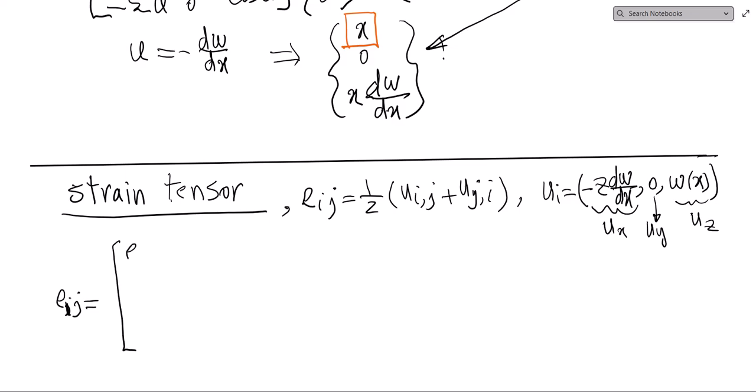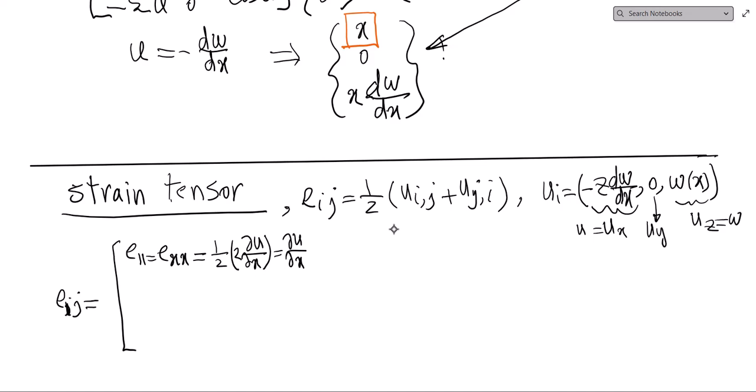The first one is E11, or E_xx in our coordinate system, and that is 1/2 of du_i/dx_j plus du_j/dx_i. So two halves, therefore it is du/dx.